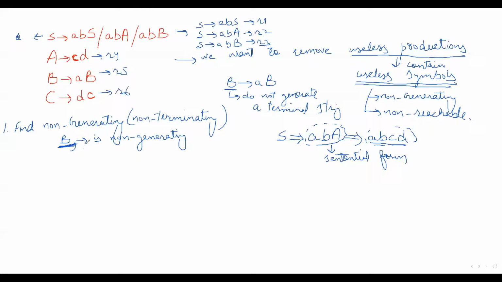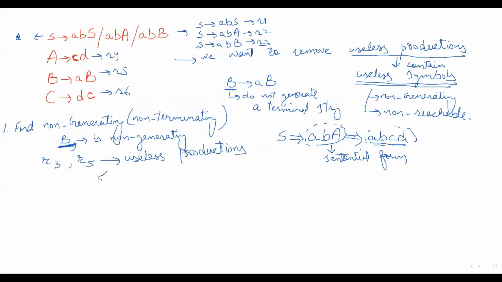Now, which productions contain B? B is contained in rule 3 and rule 5. The rules that contain this useless symbol are useless productions, so we should remove these productions. What will be the new grammar?